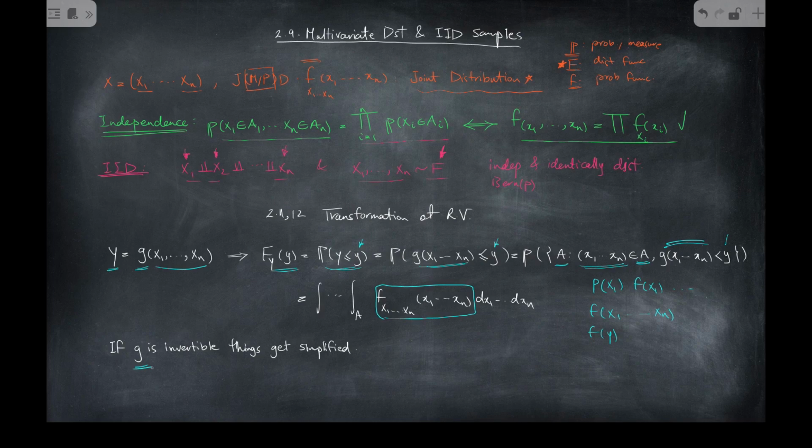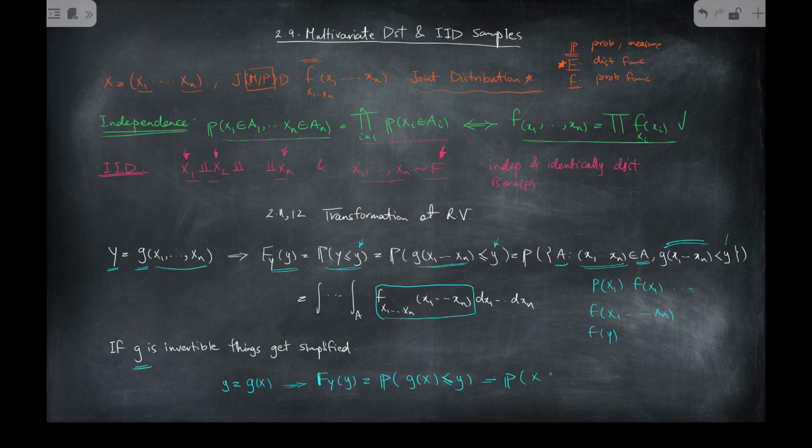But if g is invertible, everything gets much easier. Let's assume that I have only one variable. So Y is equal to g of X, then F of Y is the probability of g(X) less than or equal to y, and then you take the inverse. So it's a one-to-one mapping.